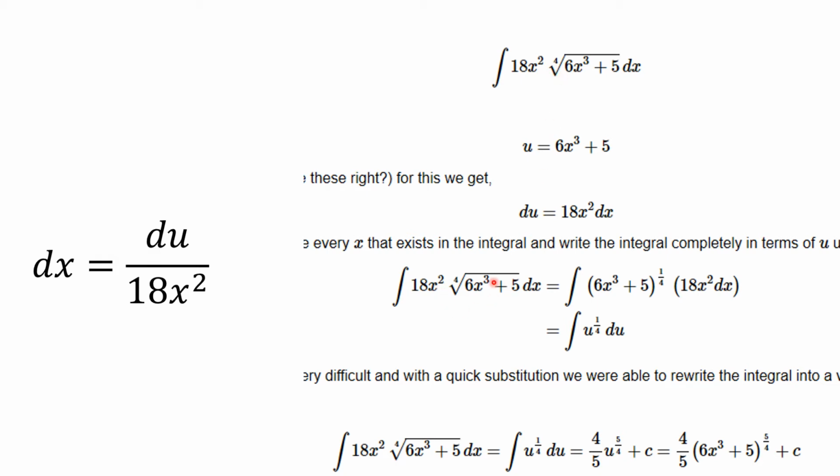So you see this integral becomes the integral of u^(1/4) du. And you know that this is u^(5/4) divided by 5/4, which is the same thing as multiplying by 4/5, plus c, and then I reverse my substitution, putting what u really was. And this is the answer to the original problem.